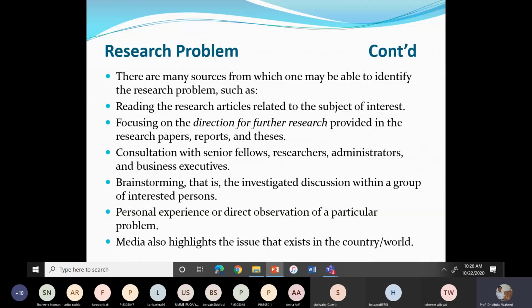Or we also read research articles. Media also highlight, these days media focus too much on COVID. That's why that produced a lot of research papers on COVID.